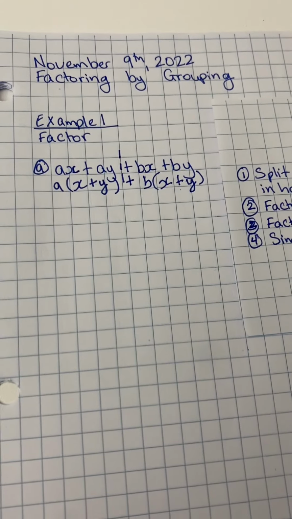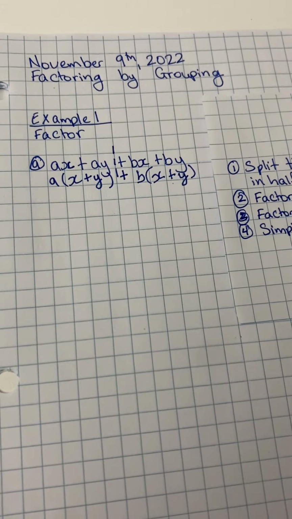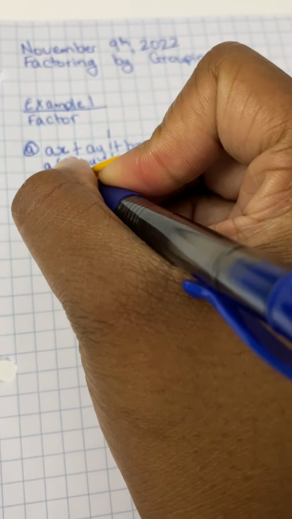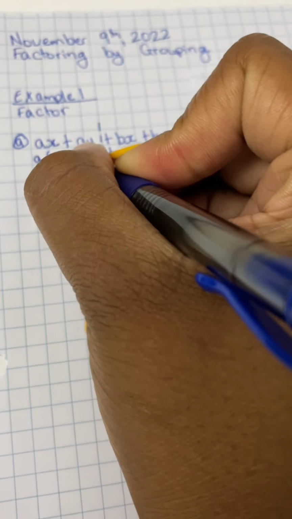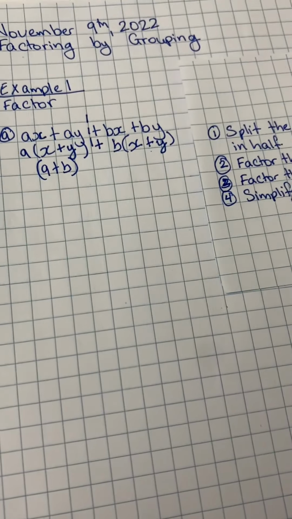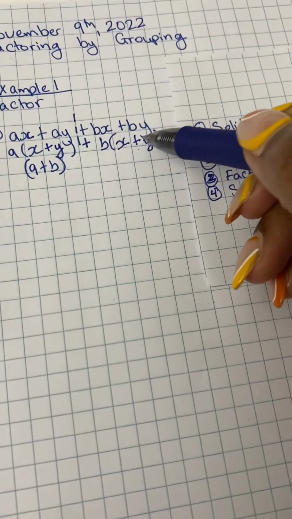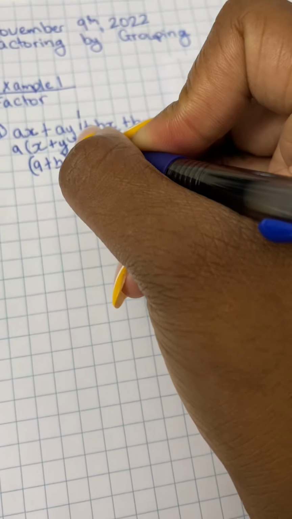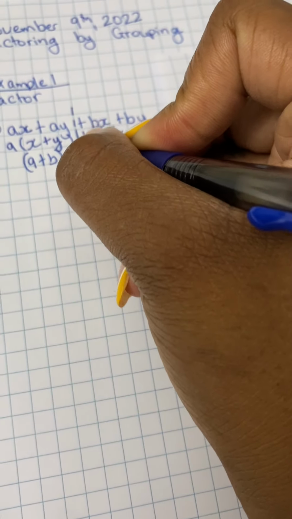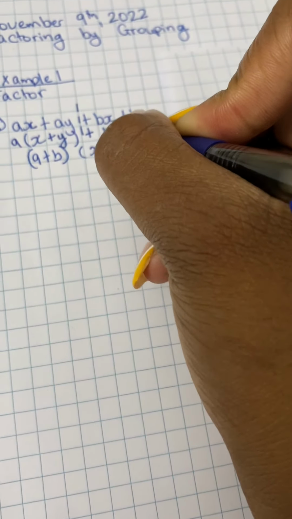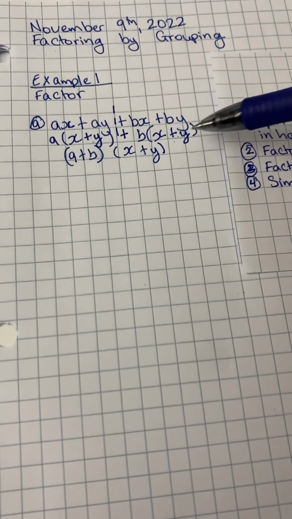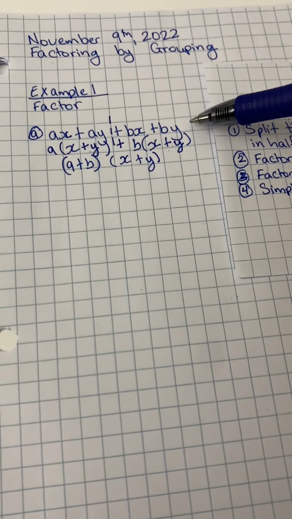So in this case, the a plus b, I'm going to combine them into their own factor. So it becomes a plus b with the brackets. And then I'm just going to take one of these expressions. Since it's written twice, I'm only going to take one. So a plus b times x plus y. And what you'll notice is if you were to FOIL this expression, you would get back your original expression.